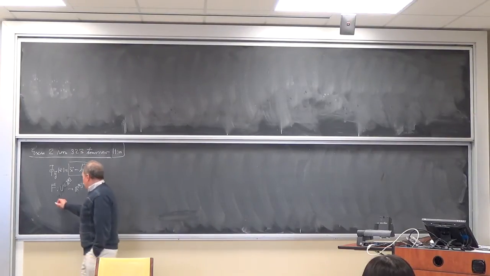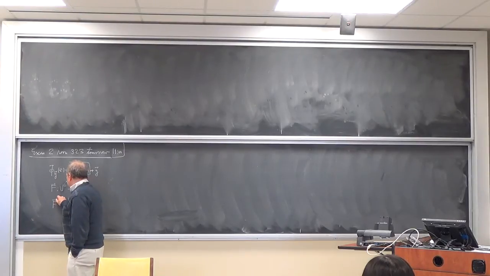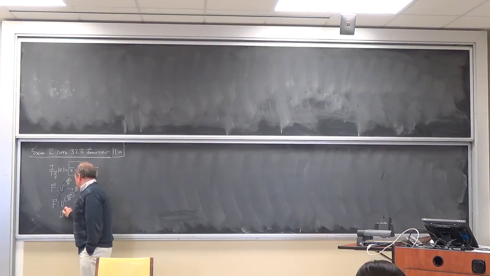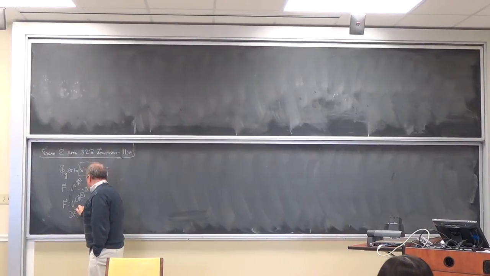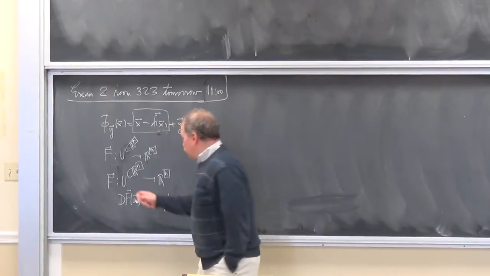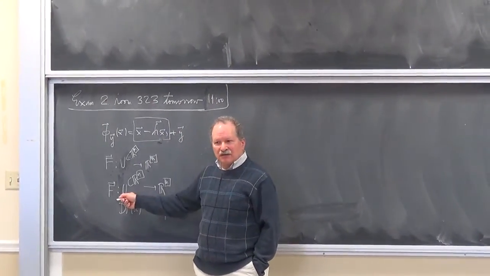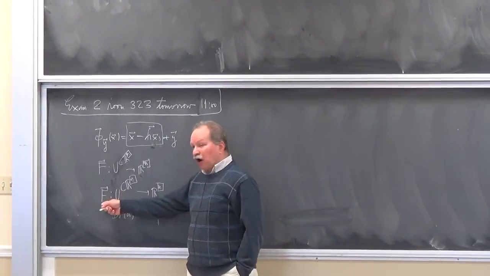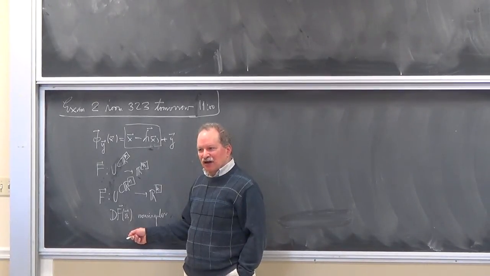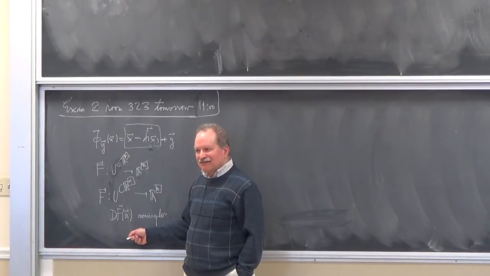Think about the inverse function theorem: if you're mapping on the same dimension and the derivative at A is non-singular, then we said locally the map is invertible. So if you set it equal to 0, how many points are going to be sent to 0? One is the only point.